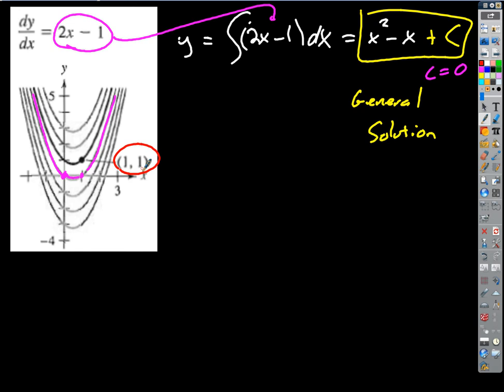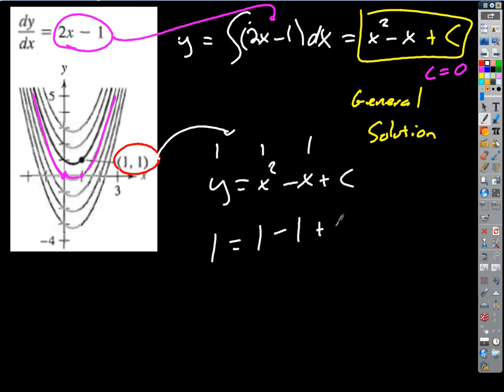Once we get this thing solved, we end up with y equals x squared minus x plus c. Well, we know that if it goes through the point (1, 1), then y is 1 when x is 1, and we just get 1 equals 1 squared minus 1 plus c. Those cancel, and so I get c equals 1, right?